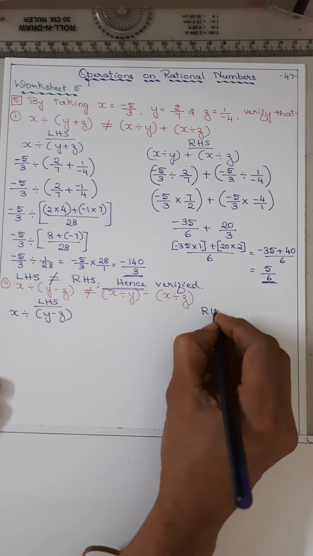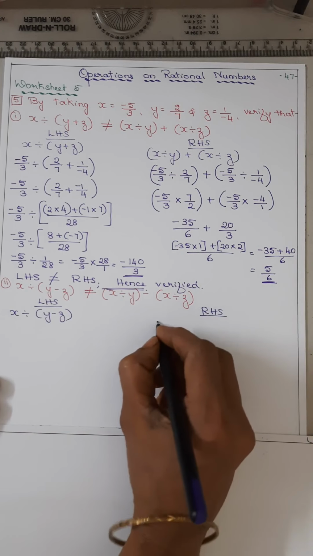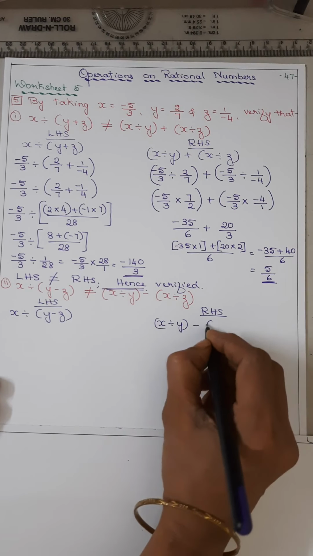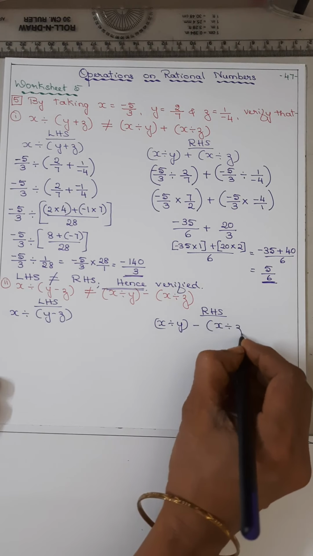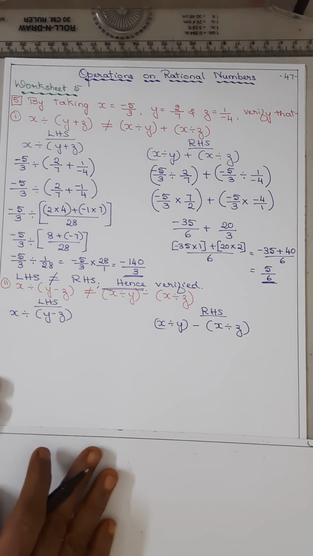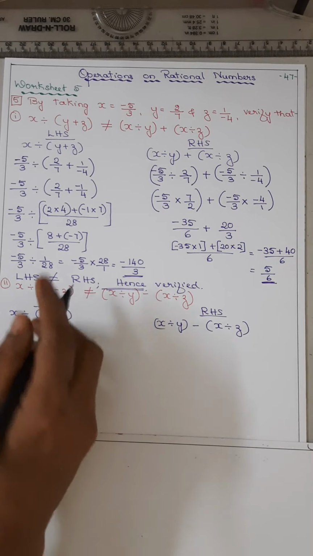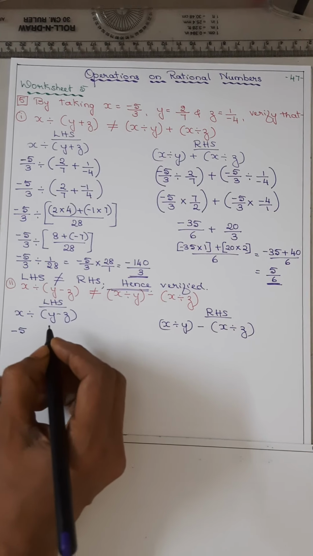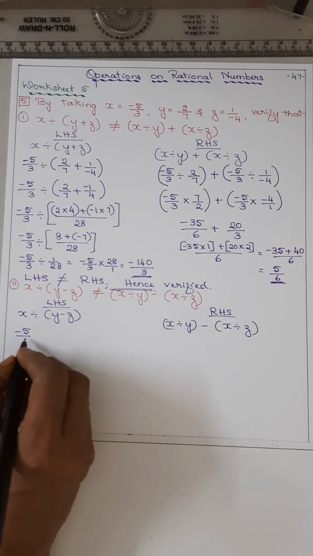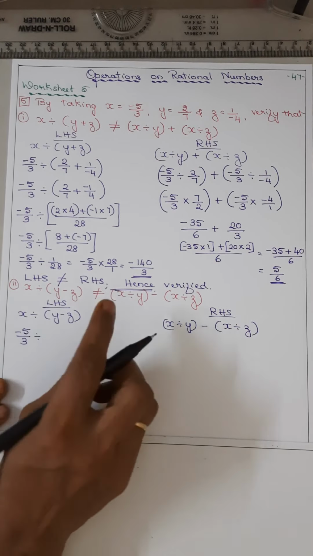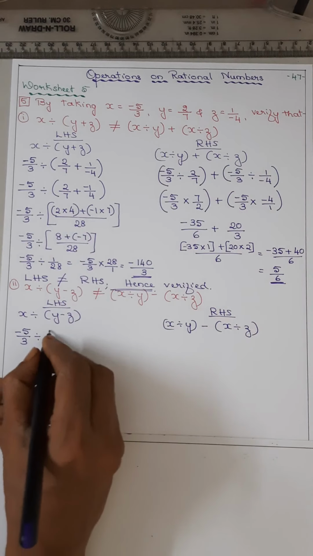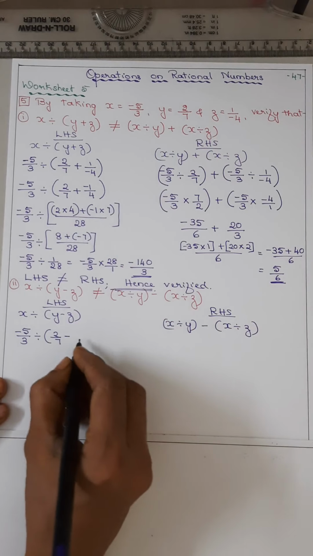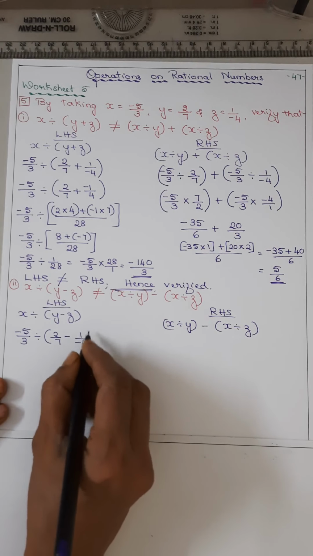On right side, RHS, it is x divided by y minus x divided by z. Now, x value is what? Minus 5 by 3. Minus 5 by 3 divided by y, 2 by 7 minus z, 1 by minus 4.